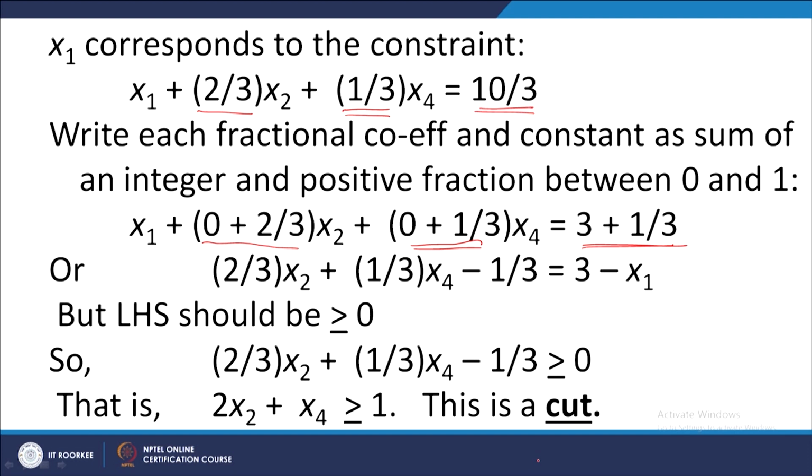So if you put this left hand side greater than or equal to 0, you get a resulting condition, that is 2 x2 plus x4 is greater than or equal to 1. So we have obtained a cut. This cut corresponds to the x1 variable. I hope you have followed how a cut is evolved corresponding to the x1 variable.